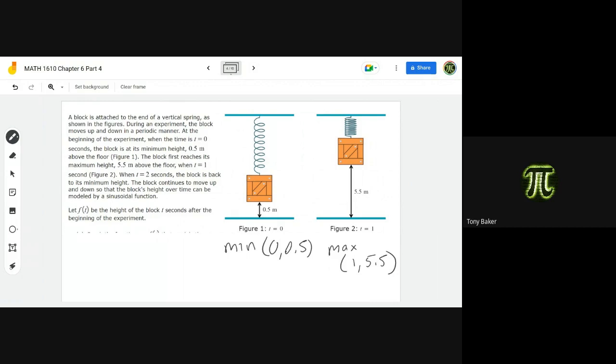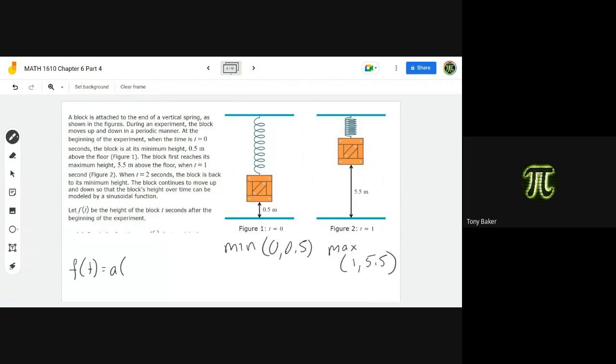Okay. This one's starting at the minimum value, so I'm going to use what? Cosine. Sine's always right in the middle. It's not the max or the min, it's literally right in the middle where sine starts. Cosine will start at the minimum or maximum. Since it's the minimum, it's going to be the negative version of it.